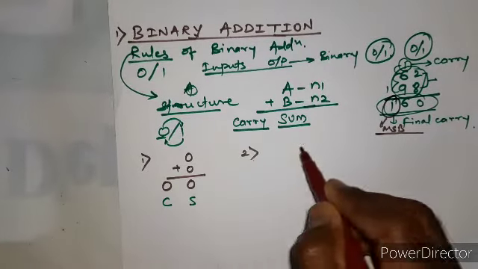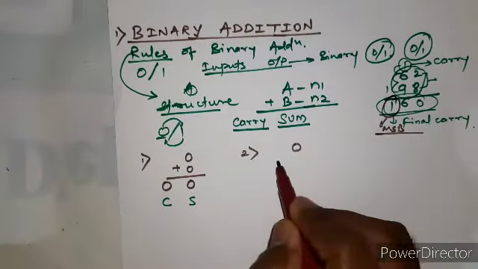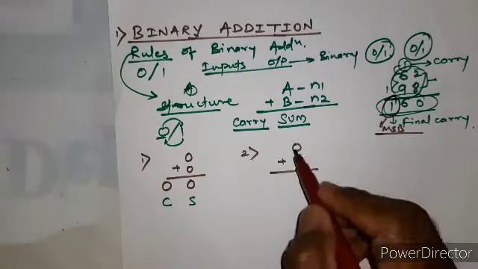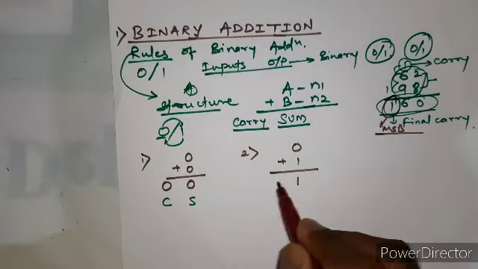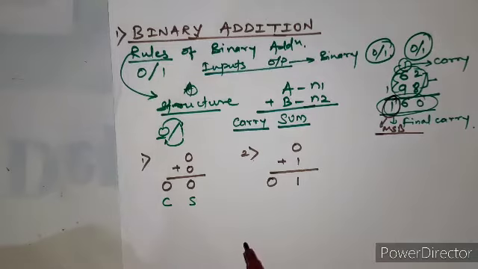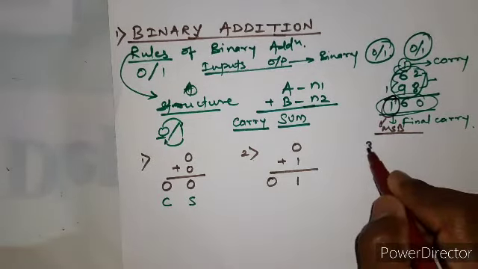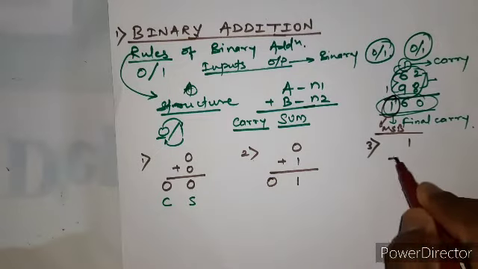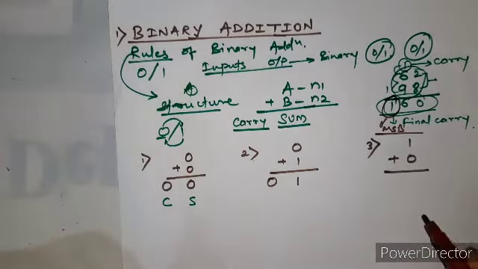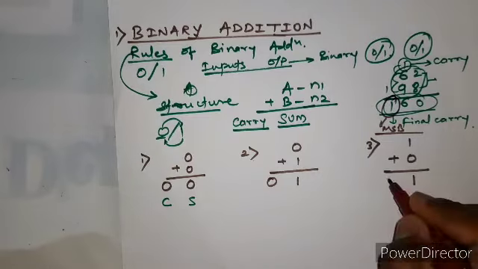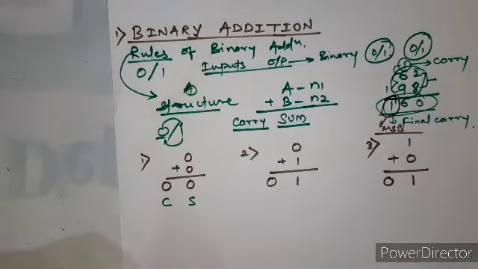Then second is 0 plus 1. So 0 plus 1, sum is 1, carry is 0. Okay, then the third rule is 1 plus 0. 1 plus 0, sum is 1, carry is again 0.